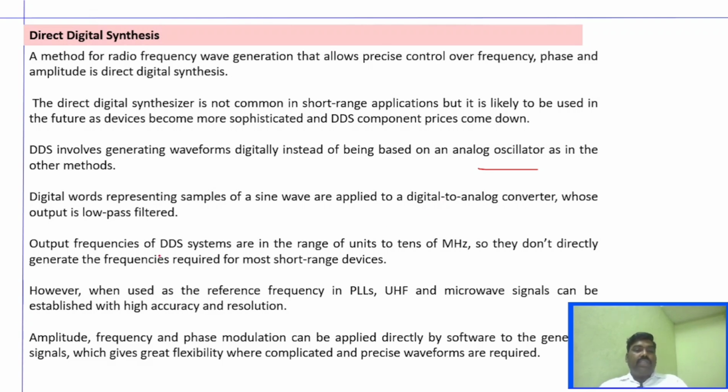The output frequencies can be in the tens of megahertz. It cannot be used in short range devices now, but it can be used in PLL, UHF, and microwave signals. Amplitude, frequency, and phase modulation can be applied directly by using software, so that we achieve greater flexibility whenever complex or precise waveforms are required. That is, directly and digitally generating the carrier waveforms is called direct digital synthesis.